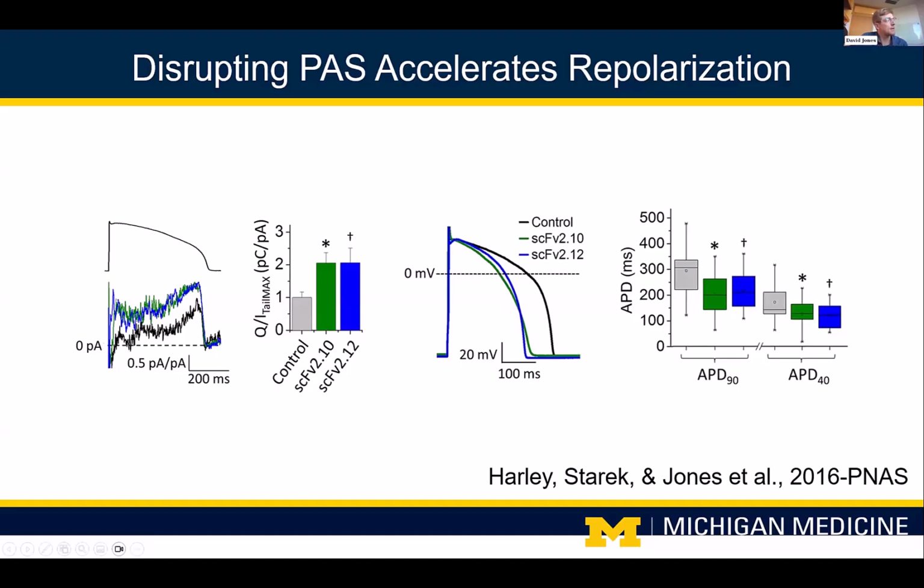We accelerate gating, we cause an increase in the magnitude of IKR, and that subsequently accelerates repolarization. So we can target this interaction between essentially the PAS domain and the rest of the channel to modify IKR and cardiac repolarization.